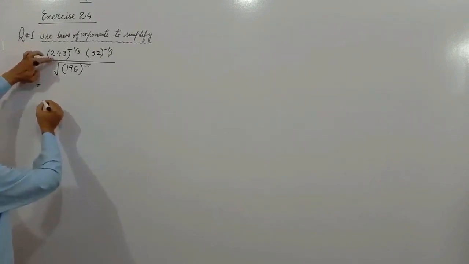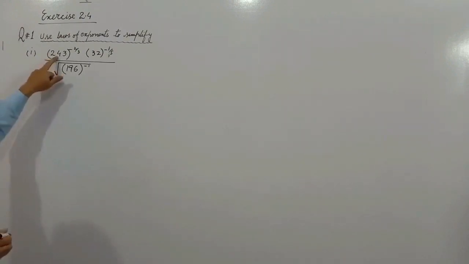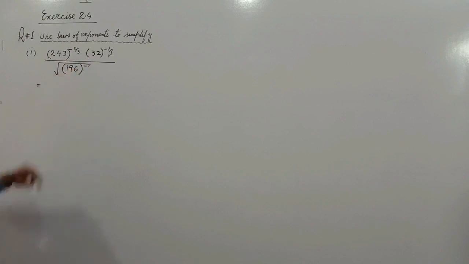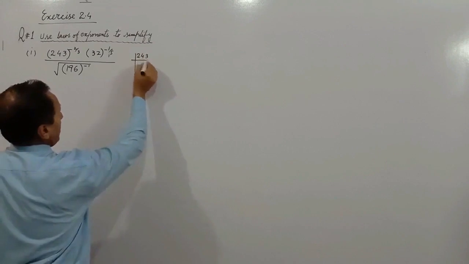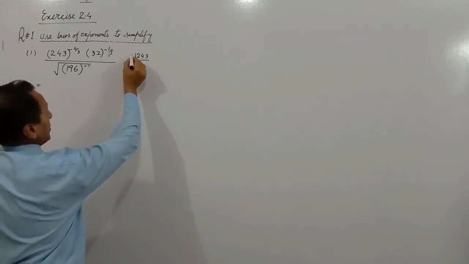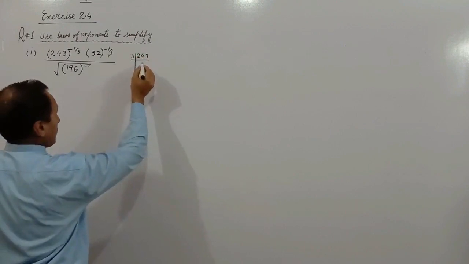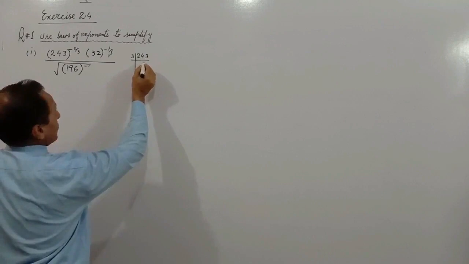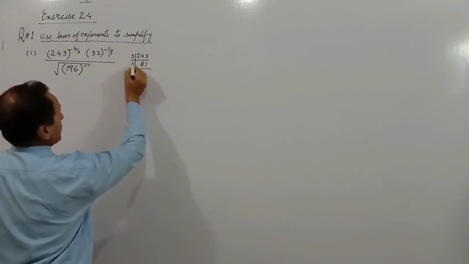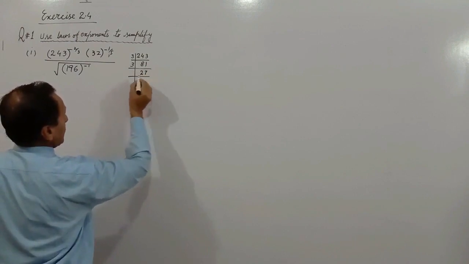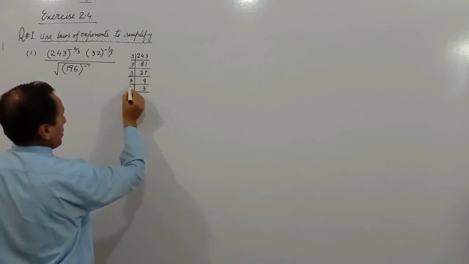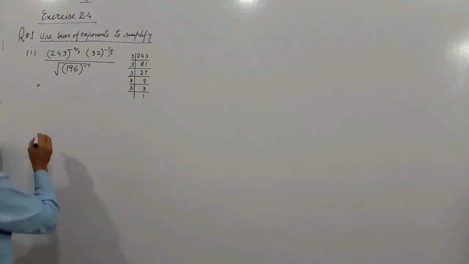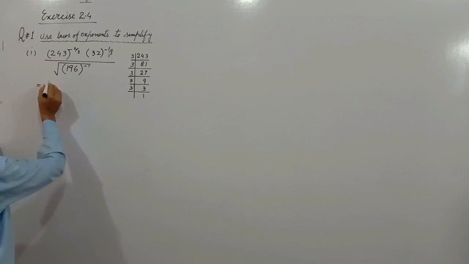First of all, we convert these composite numbers 243, 32 and 196 into their prime factors. 243, when we take its LCM, as it is an odd number, we begin with division by 3. 3 8s are 24, 3 1s are 3, 3 2s are 6... and so on, we have 5 times 3, which is equal to 243.